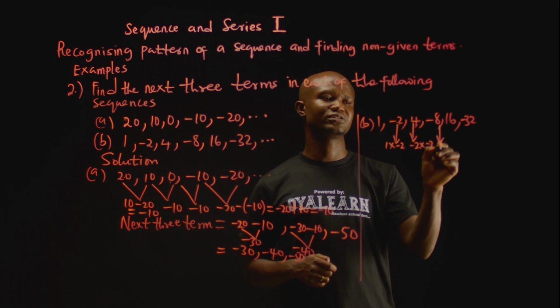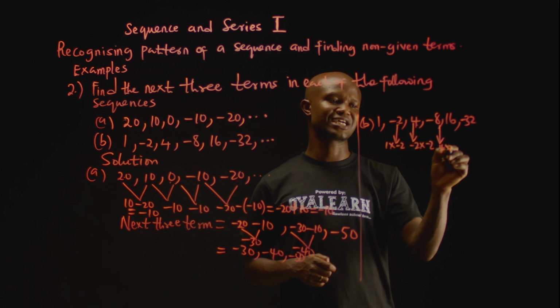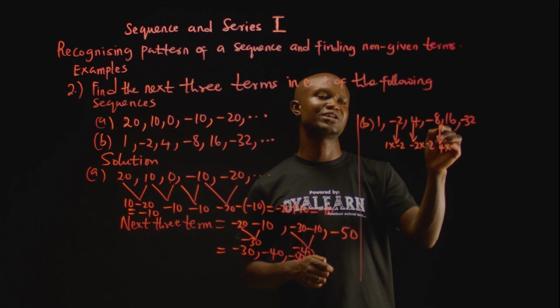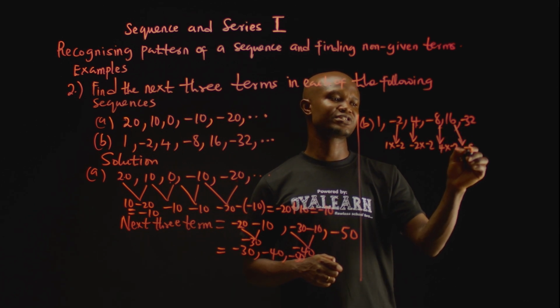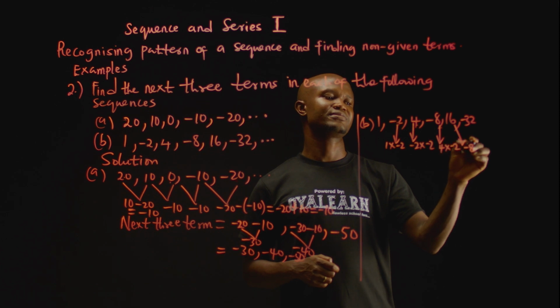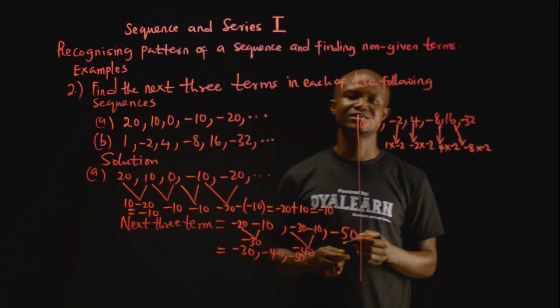Also the next one, the answer here, which is 4, times minus 2 will also give us minus 8. And this one also, we have minus 8 times minus 2, we have 16.